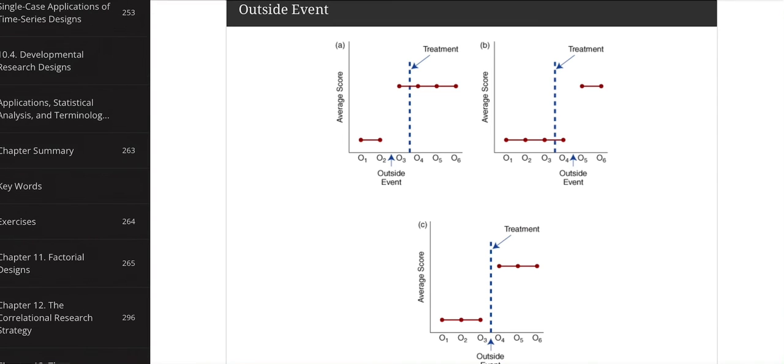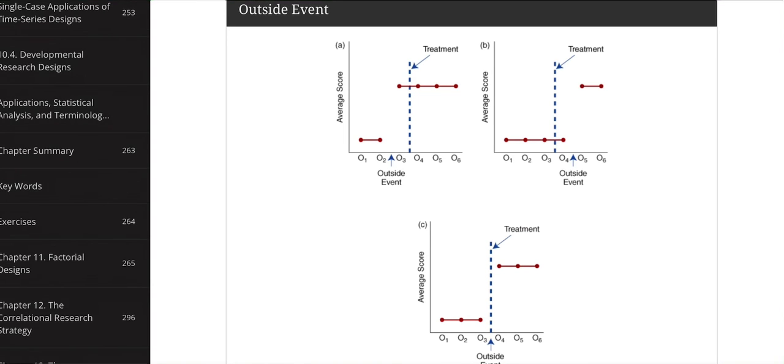The example in your book for part C here: they talked about depression scores and a treatment for that. They measured their depression scores before, then there was a treatment, and they measured them after. When they started the treatment, the weather had been really gloomy on the before observations.